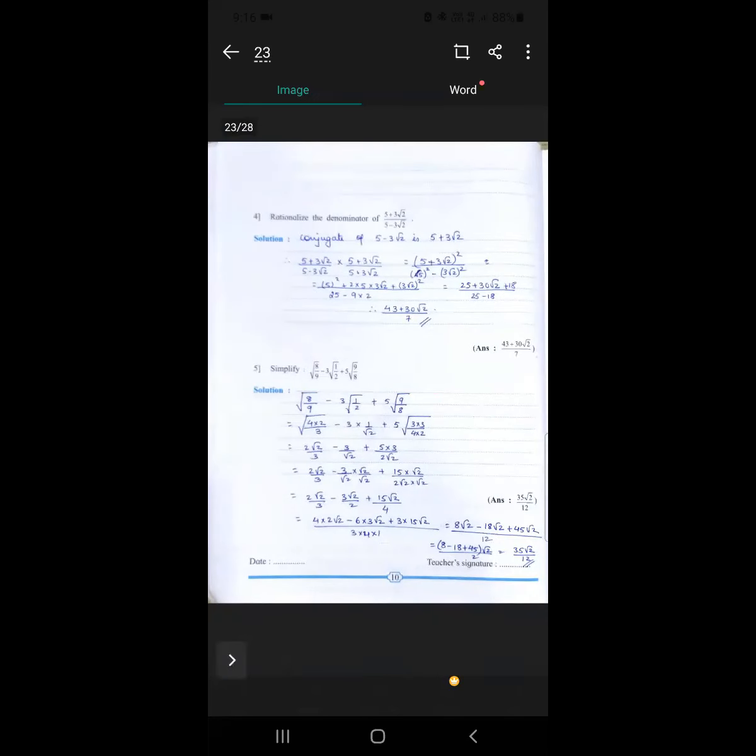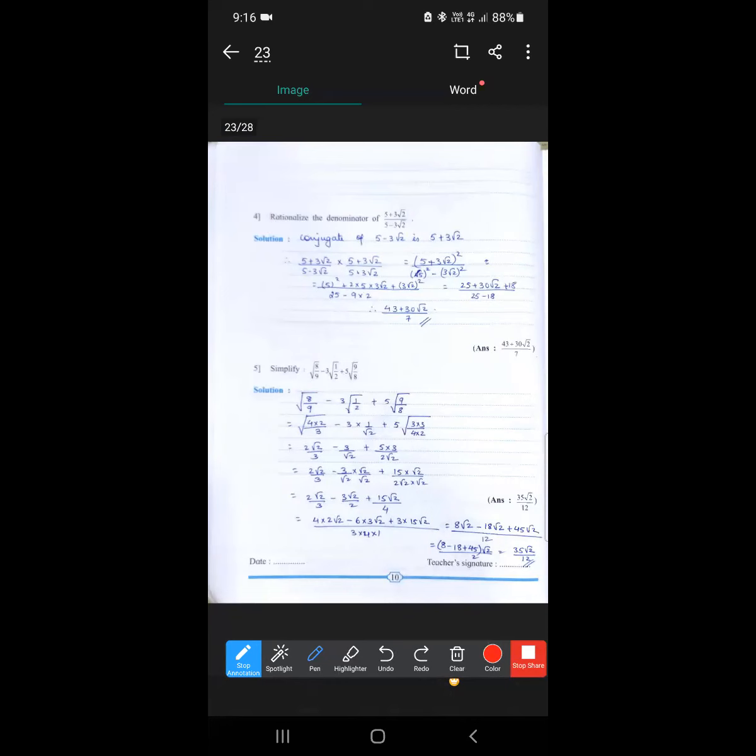Now on page number 10, that is question number 4, rationalize the denominator. Rationalize means what? You have to make the denominator rational, using whatever the denominator is.